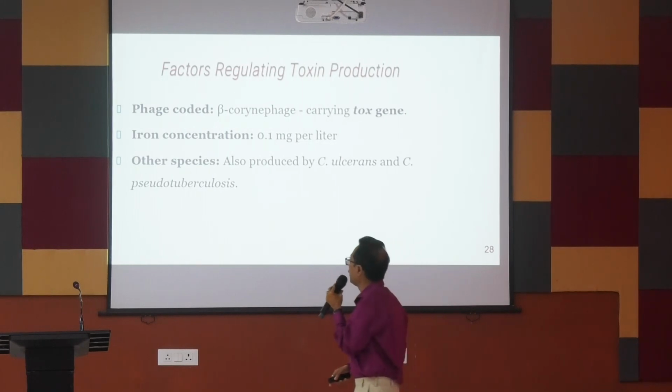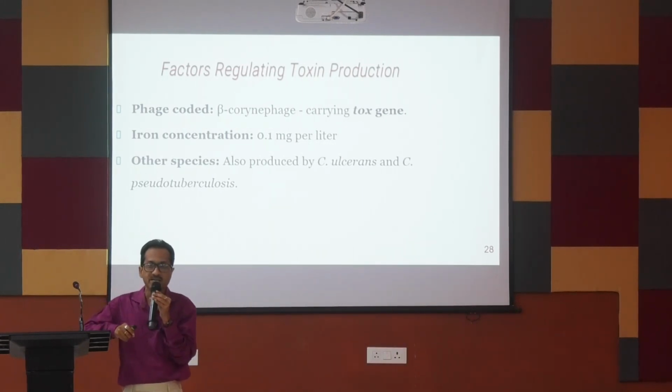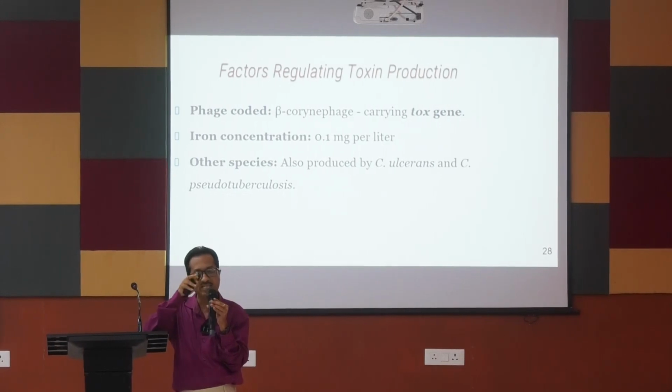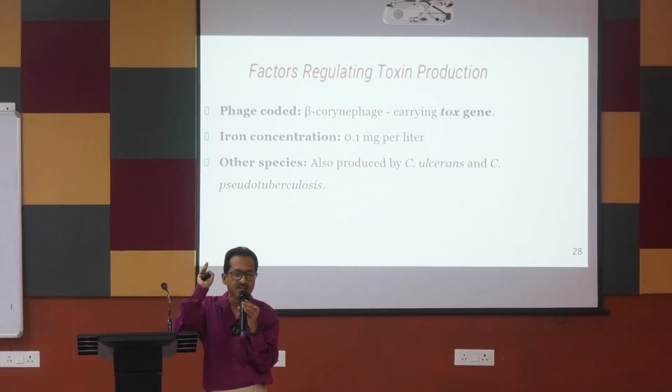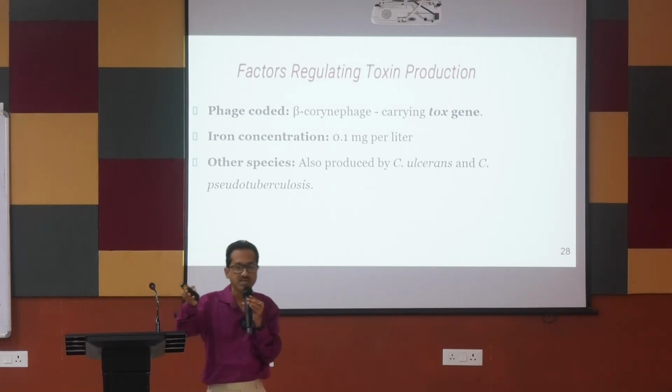Iron concentration 0.1 milligram per liter. Why is iron needed? Usually a gene regulator protein is there, that is DTxR. DTxR works by a negative suppressor method: iron acts as the co-repressor of DTxR, and when iron is low, the toxin is expressed.